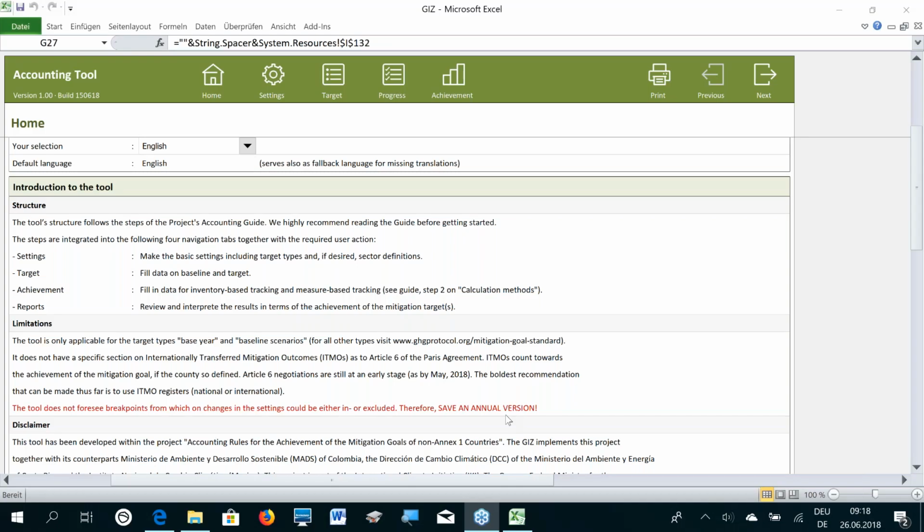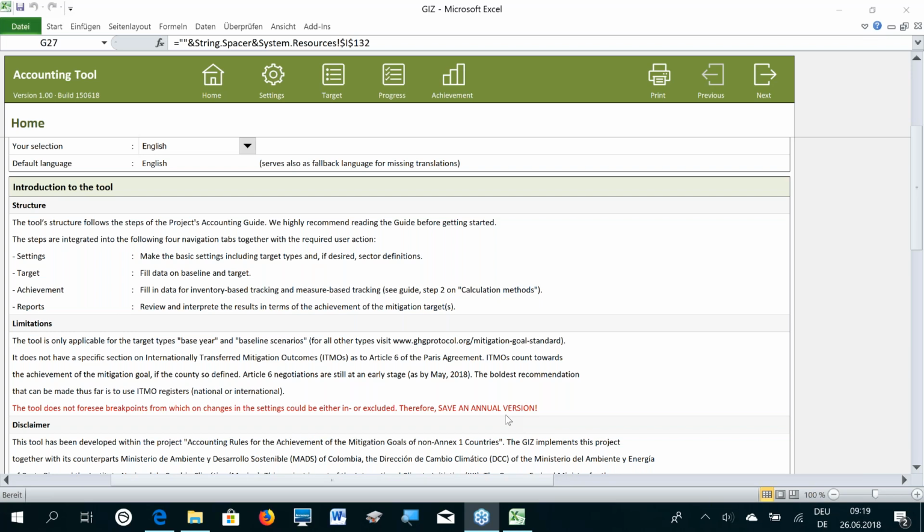Thanks a lot, Ulla. Now you should be able to have a look at the tool. I hope you can see it already on the screen. This is how it looks like. The first question you might ask yourself is, why is it in Excel? Because there are definitely nicer looking tools.